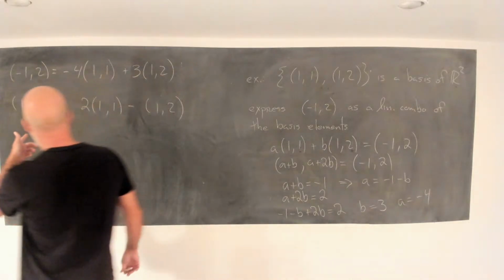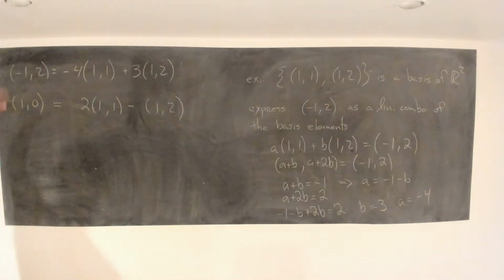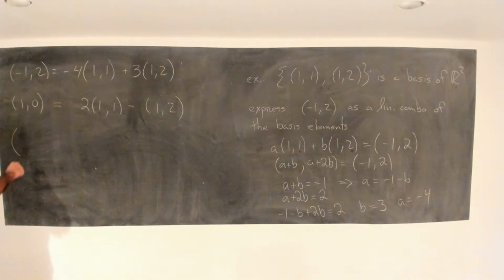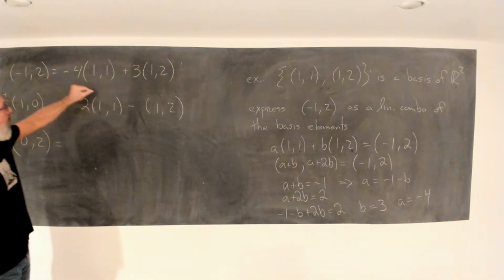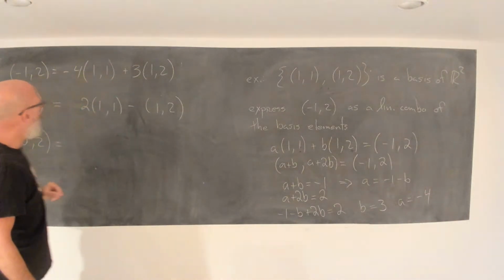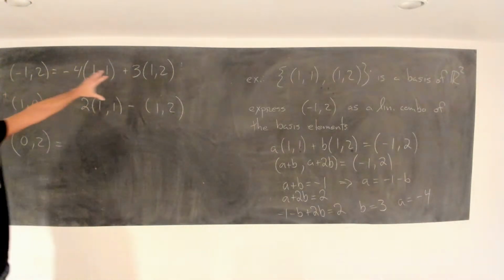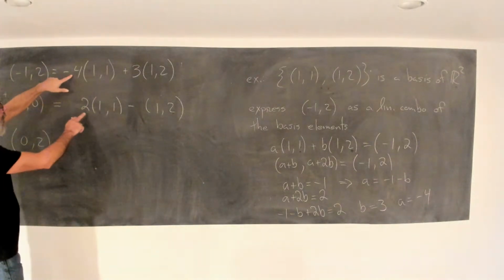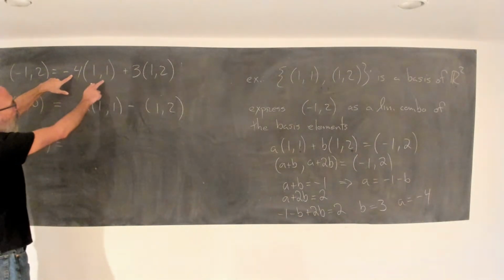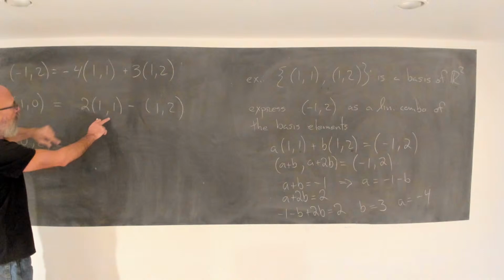And while we're here, observe that if we added those two together, we get the vector 0, 2. And if we add those two together, because we're adding the left-hand sides, let's add the right-hand sides. It's minus 4 times this vector plus 2 times that vector.